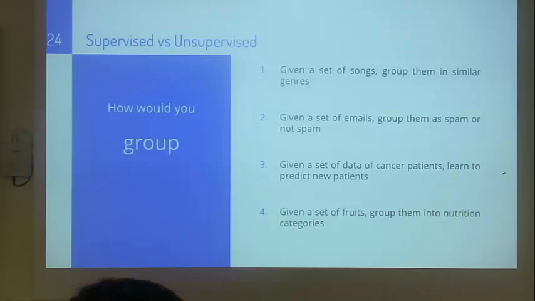Based on the past experience that these are spam emails that people have flagged. People flag emails, right? These are spam, and it goes as feedback to your email provider, right? So they know that this email is flagged by some users. So based on that past experience, your new emails will be grouped as spam and not spam.